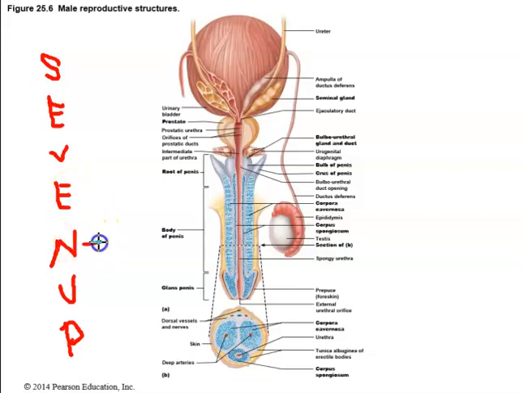N actually stands for nothing. It's just a filler. And then from the ejaculatory duct, sperm will then travel to the urethra, goes through the distal portion of the prostatic urethra, the intermediate urethra, and the spongy urethra, and finally sperm will travel out the penis. Okay, so 7 up, a really good way to remember the path of the sperm.